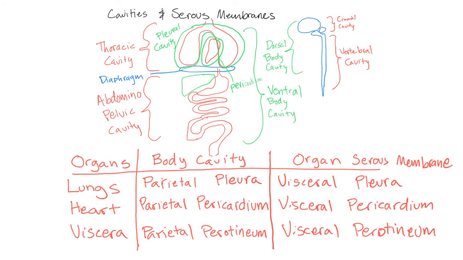Yes. And then the whole cavity itself surrounding everything, parietal. Right. Yes. That's a good question. Okay, good. All right, but just remember, viscera means organs, so that term is specifically talking about the organ.